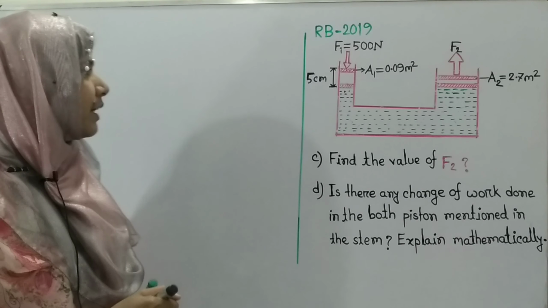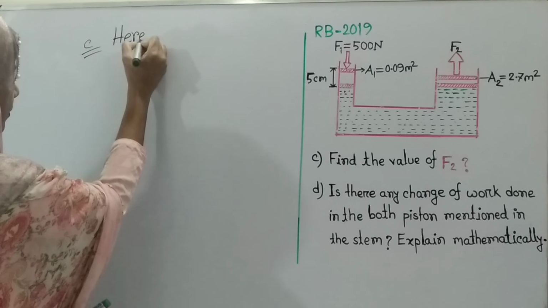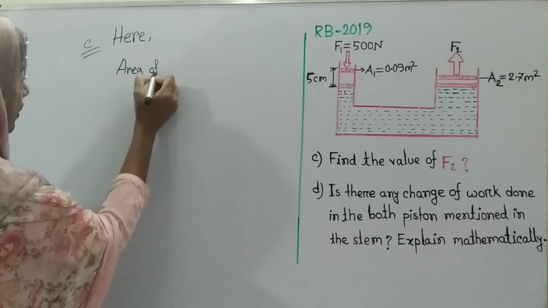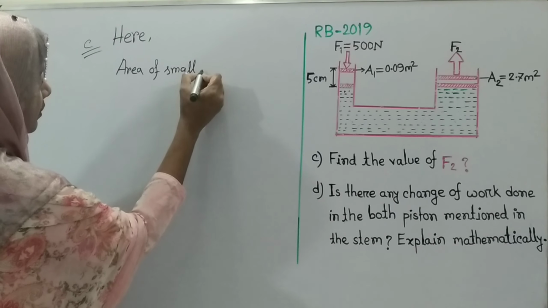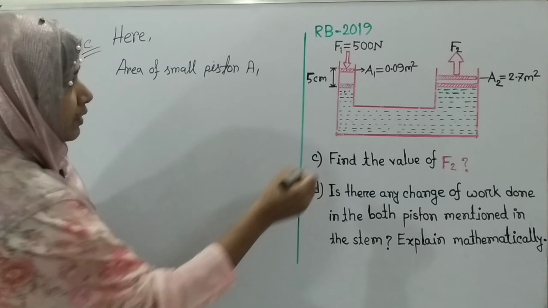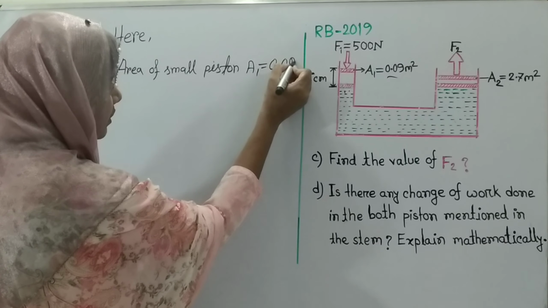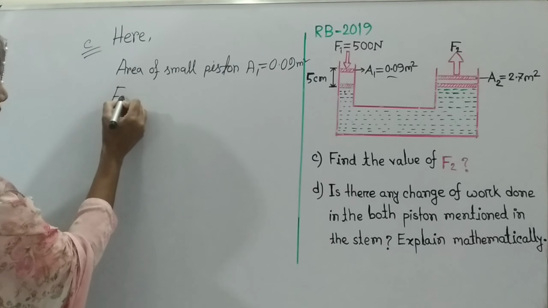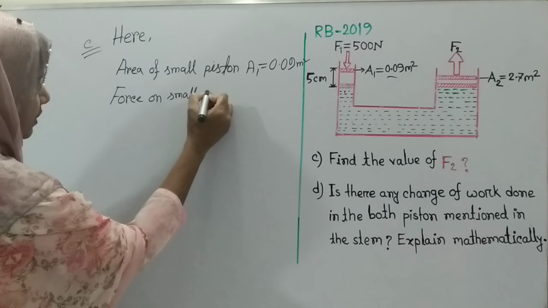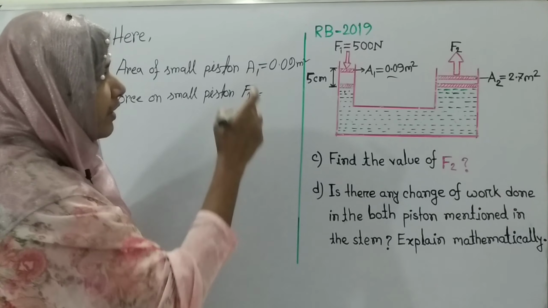So here the given informations are: area of small piston A1 equals 0.09 meter square, and force on a small piston F1 is given here, 500 Newton.